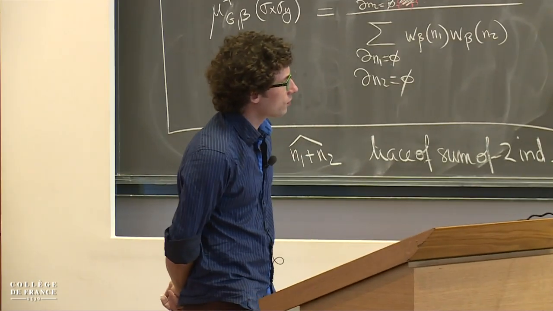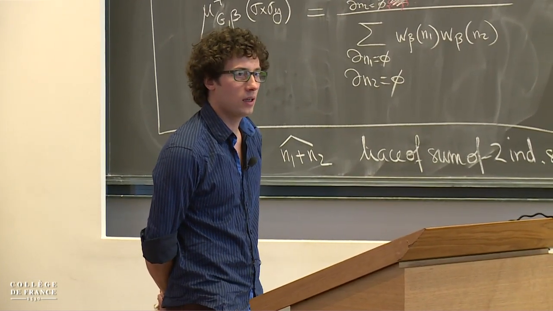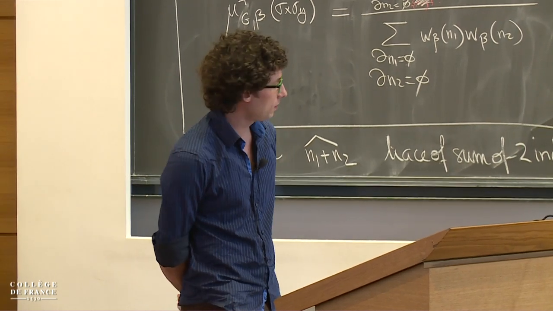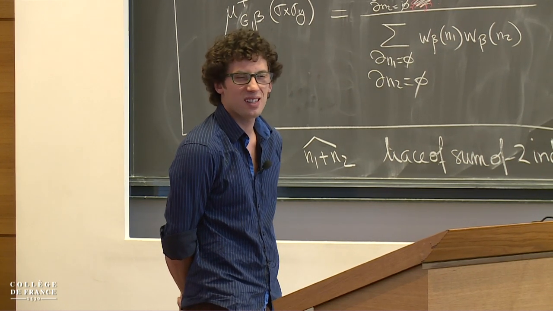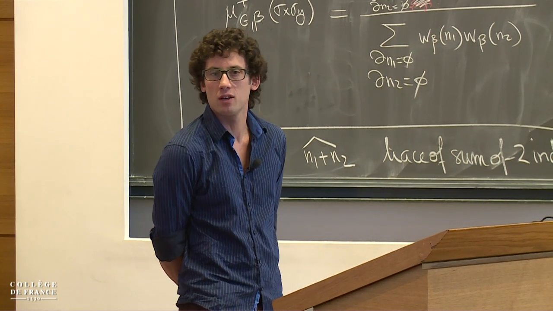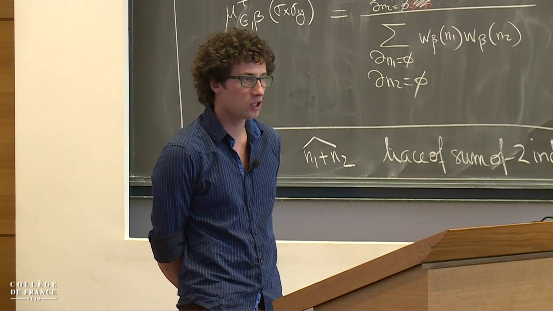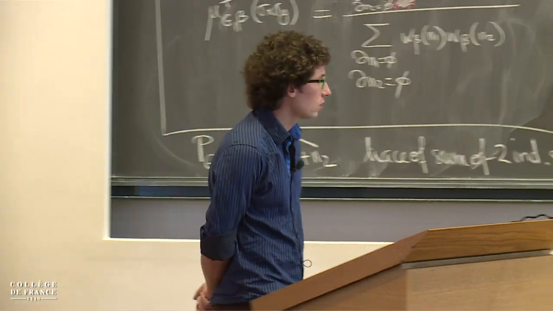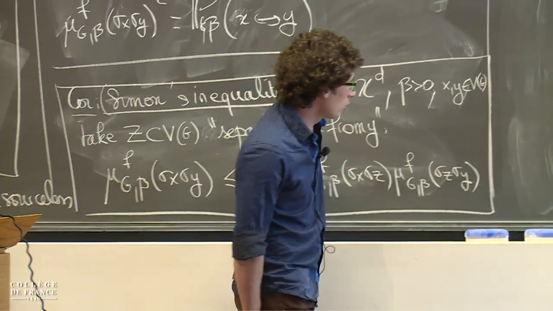Maybe for those that were present in the first class, you recognize that this is something you can deduce from the BK inequality, usually, for percolation. This is somehow reminiscent of the BK inequality. And many of the applications of the BK inequality for Bernoulli percolation, you can get from this Simon's inequality. So that's why it's a very important thing. I'm going to go back to that later.